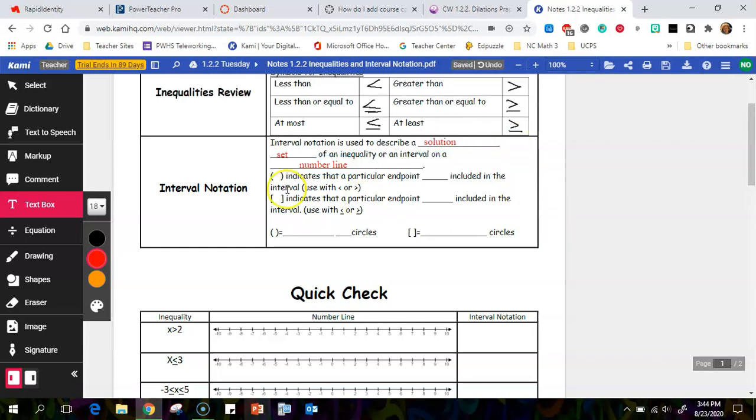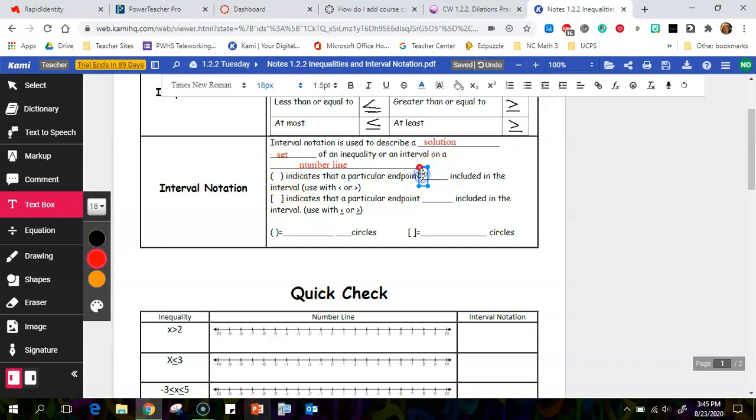Okay, so we have parentheses right here, and we have what I call brackets. The parentheses indicate that a particular endpoint is not included in the interval. And I'll talk to you about all this in a minute, and we'll get these filled in, and then I'll get more specific with this.